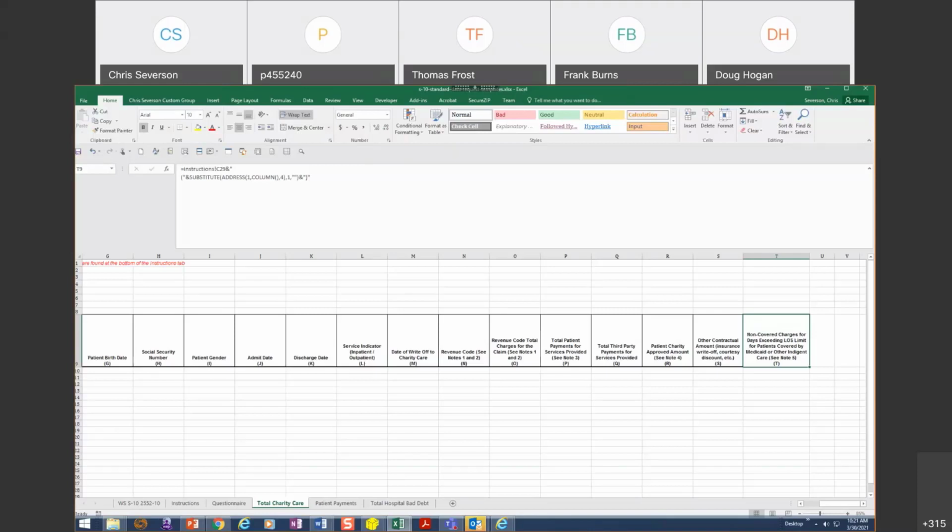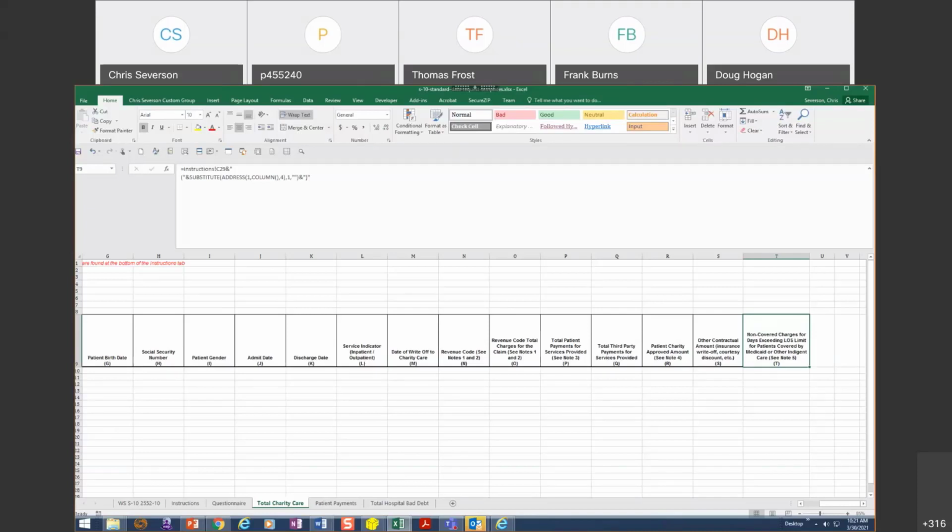And there was a question about the last webinar. We discussed in the last webinar that we should not be including Medicare bad debt that is included on E-Part A for charity care, which makes sense, but would it be acceptable to include the Medicare co-payments as this is not included on E-Part A or B?